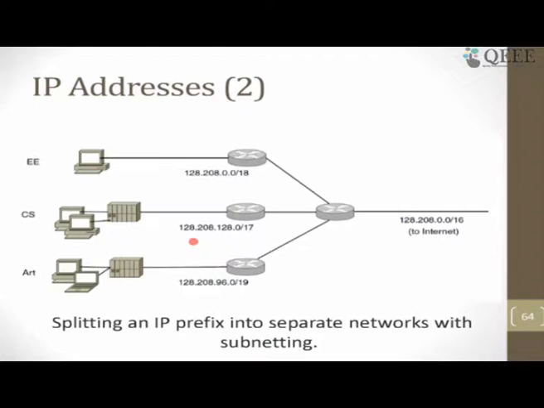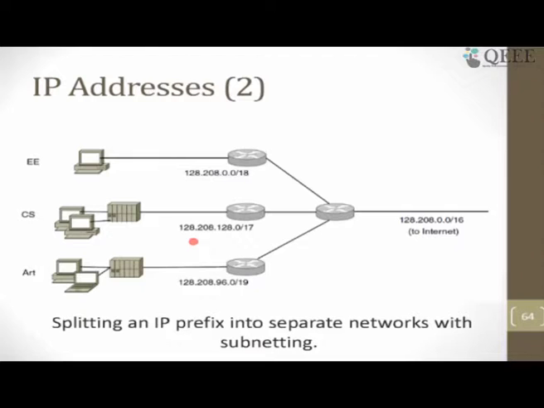Now see the CS address carefully. The CS address is starting from here, and the CS address is taking how many bits? It is taking 17 bits. So 17 bits means it is taking addresses up till here. It is starting from this, but taking addresses up till here. So what would be the last address of CS?